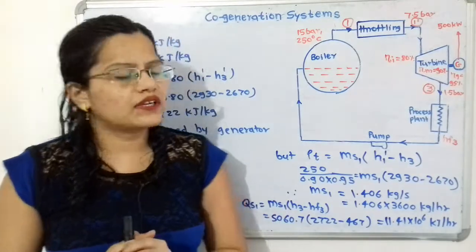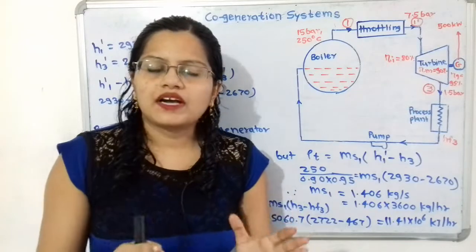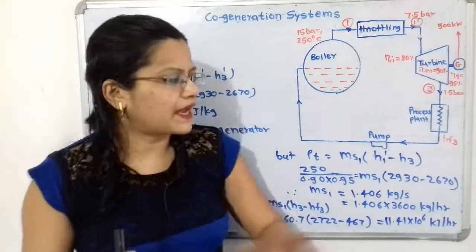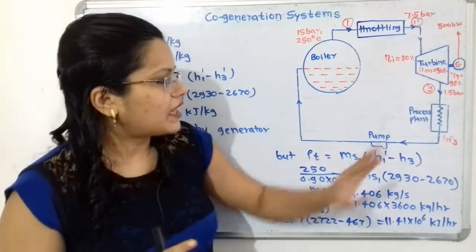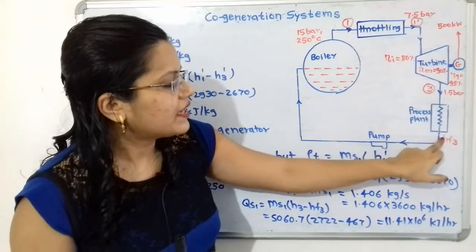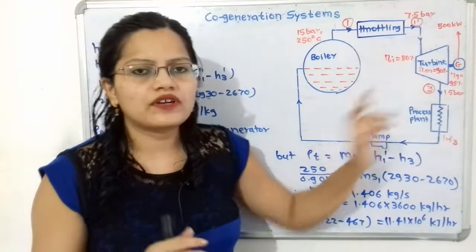Now we will move to the next question, that is the heat supplied to the process plant. Again the same formula applies: the amount of steam supplied multiplied by the enthalpy difference. If we observe the diagram, here is the enthalpy H3 and here is HF3, that is at 1.5 bar.